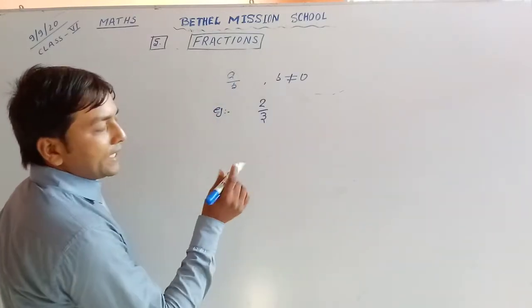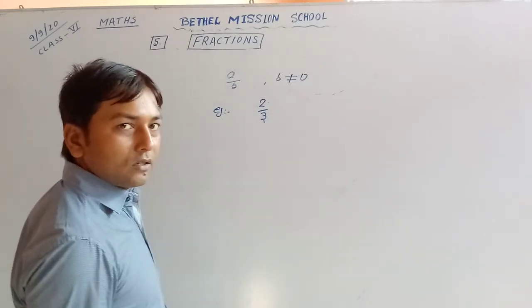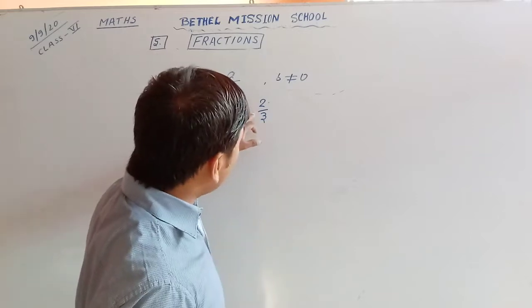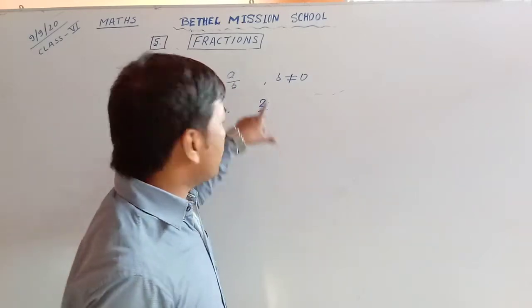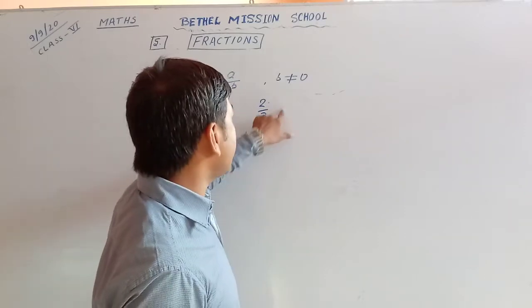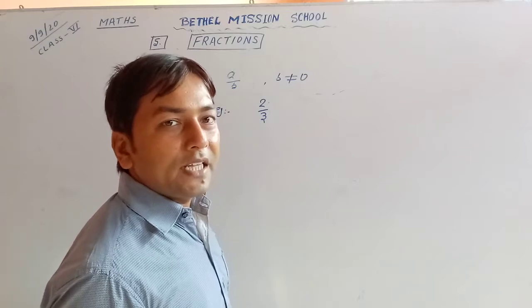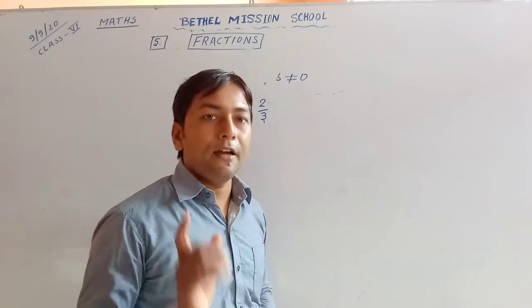And we will read it as 2 by 3 or 2 upon 3. This is a fraction, and this number 2 upon 3 or 2 by 3 is a fractional number.